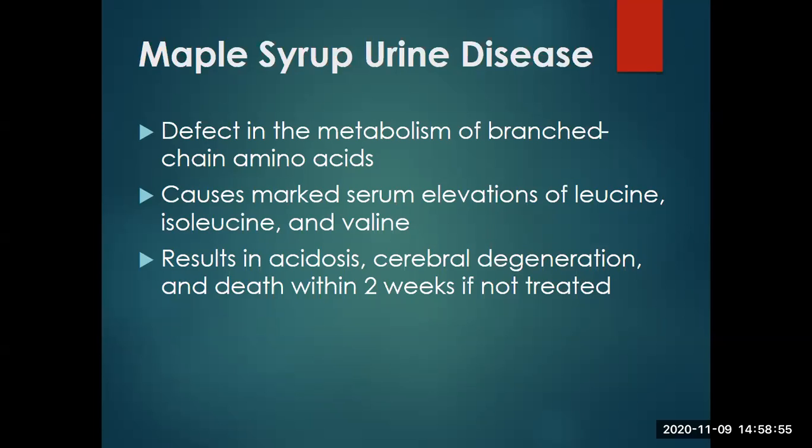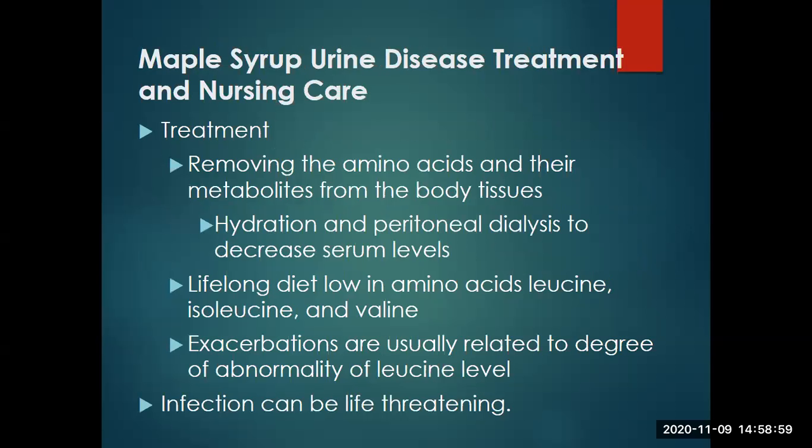So the treatment and the nursing care. Basically, again, removing the amino acids and their metabolites from the body tissue, hydration, and also peritoneal dialysis can take place to help decrease these serum levels.